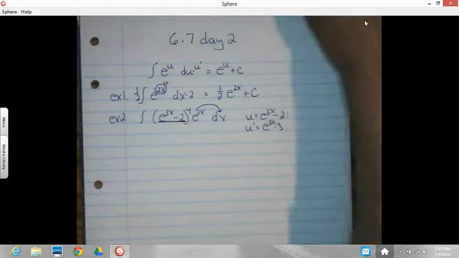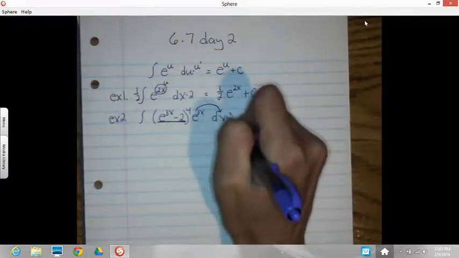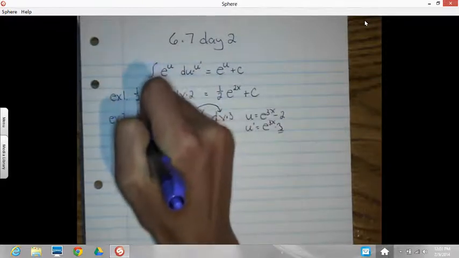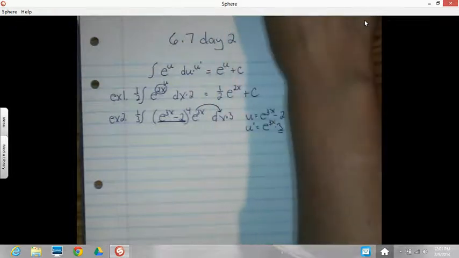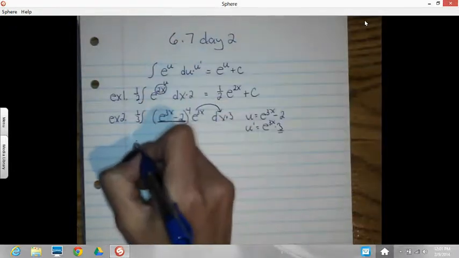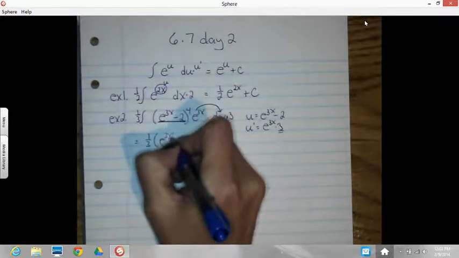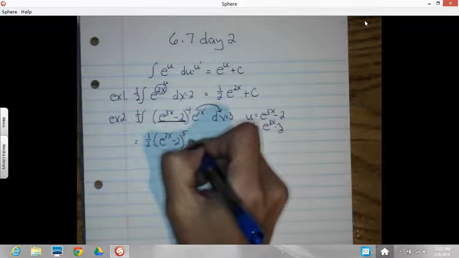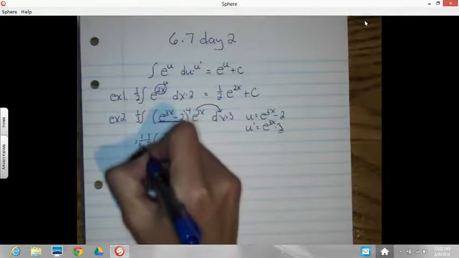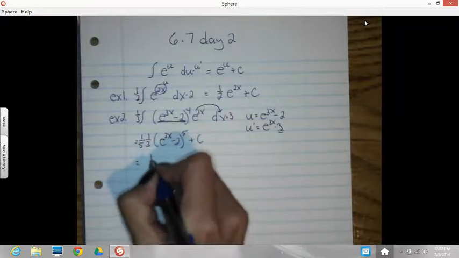What I'm missing is the 3. So I can multiply by 3 here, as long as I multiply by 1/3 out here. So this is going away, and I just do my power rule now. So I'll get 1/3 e to the 3x minus 2 to the 5th times 1/5 plus c. That's just going to change that to 1/15.